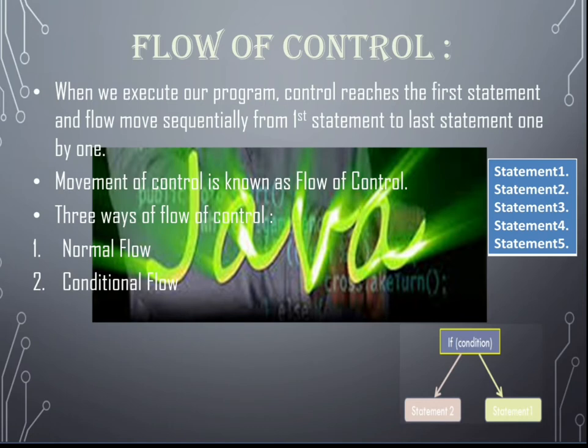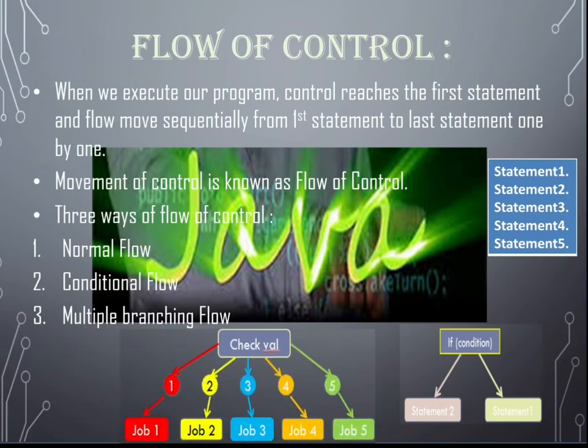And then we have multiple branching flow, which means we have a variety of choices. For example, when we have a menu in front of us, we have so many foods in a hotel or a restaurant, and we can choose any value from that menu.